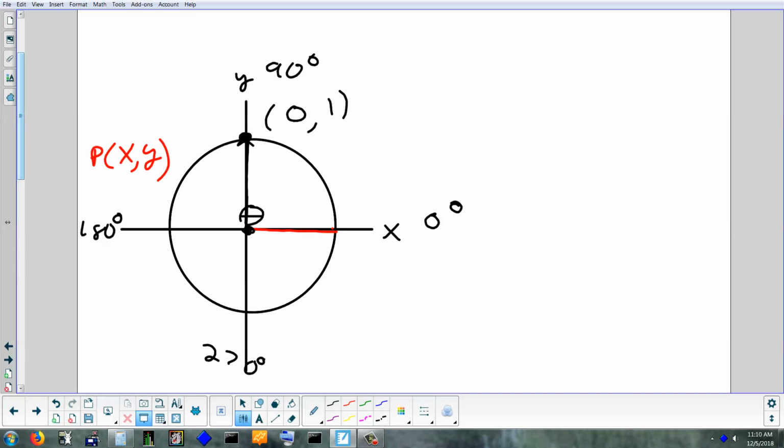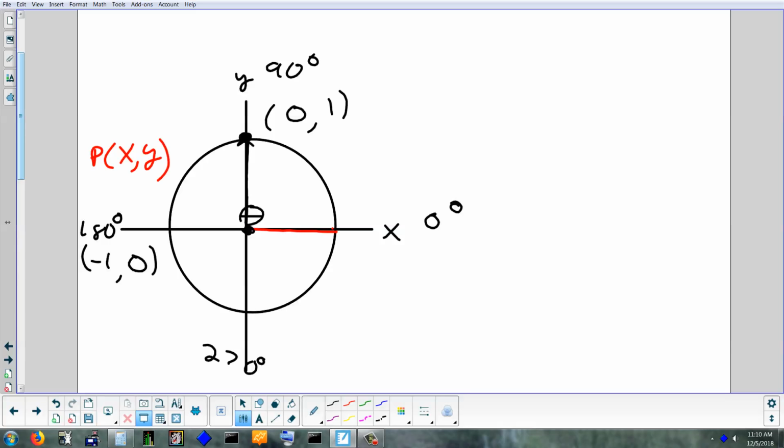It's always the coordinate. That never changes on a unit circle. Now, how about 180? You're still moving 1 unit from the center, but now you're not moving up. 180 is moving left. So (-1, 0), that's the coordinate for 180.